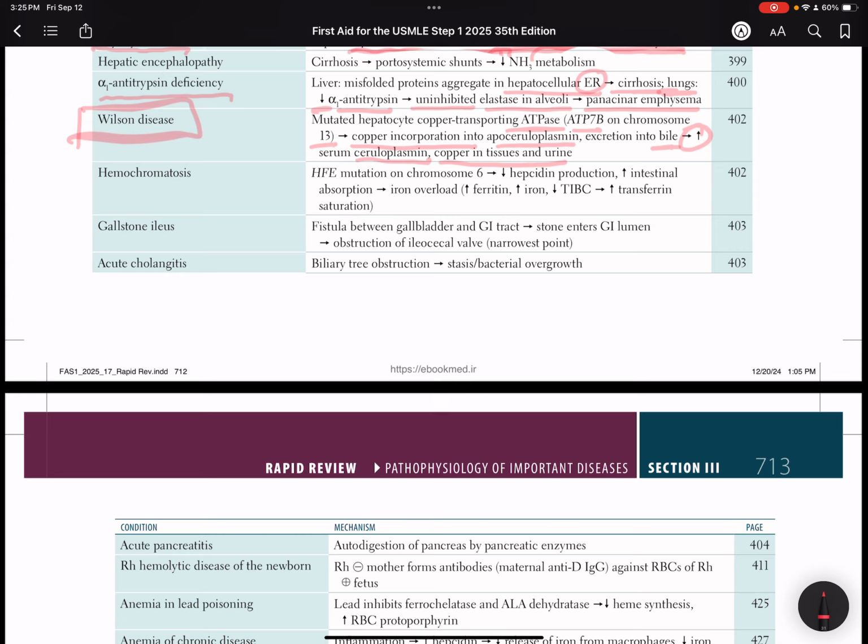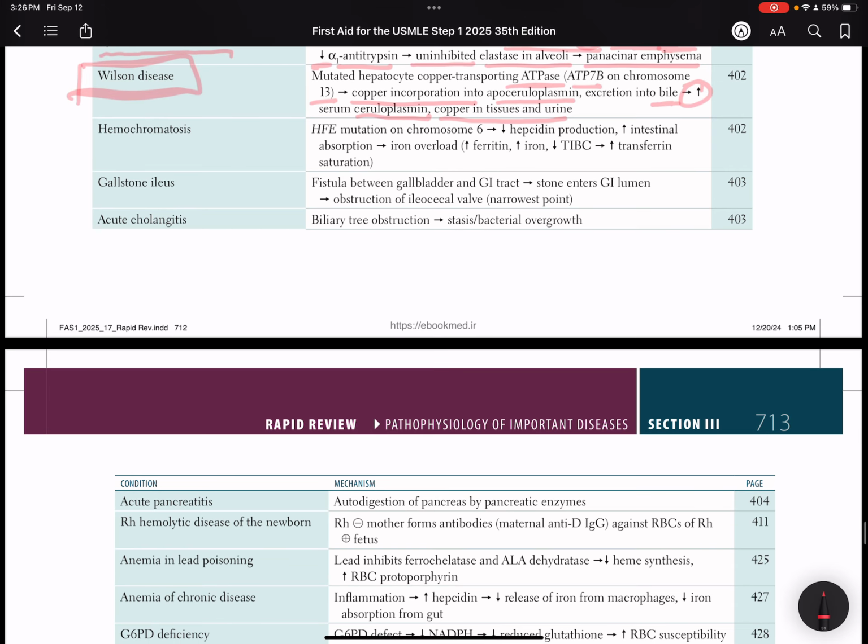Wilson's disease is caused by mutated hepatocyte copper transporting ATPase, ATP7B on chromosome 13, copper incorporation into apoceruloplasmin, excretion into bile leads to serum ceruloplasmin changes, copper in tissue and urine.